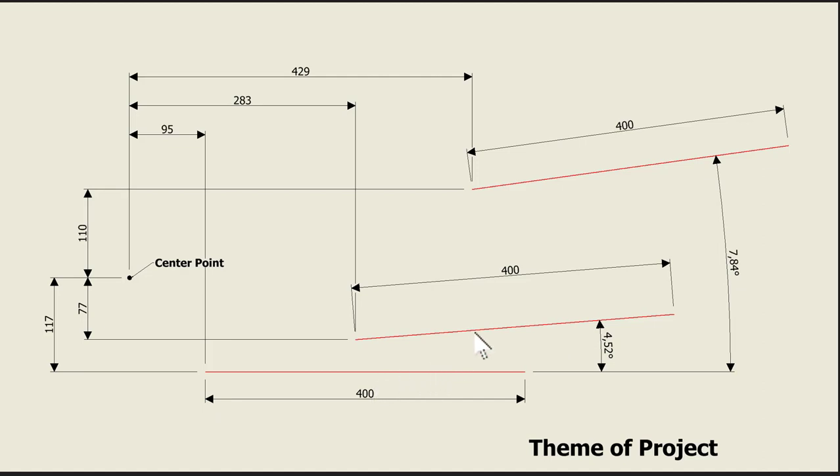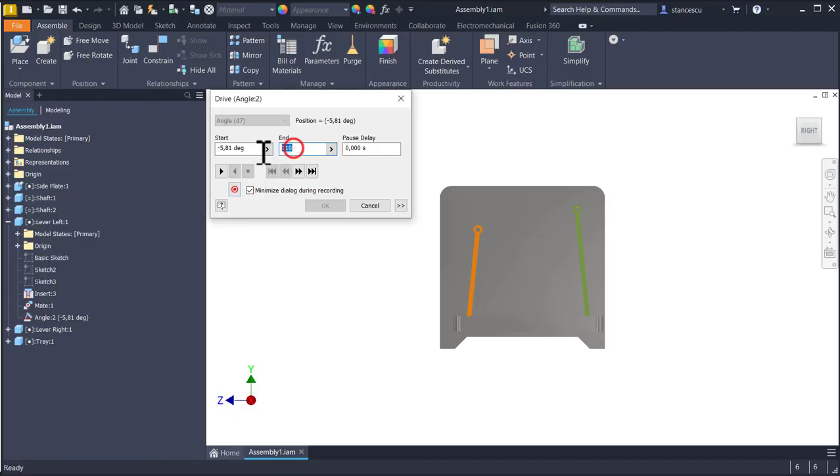We are sure that if we reach this, then this is already reached. Yes? Let's see what is this angle? I place 80 and we see the result.